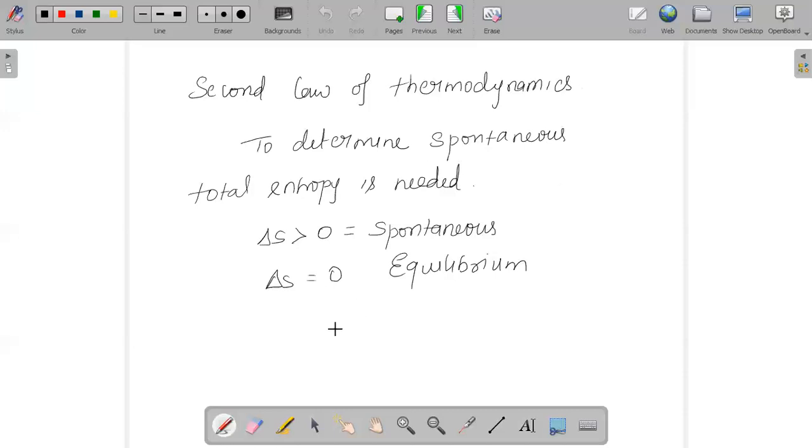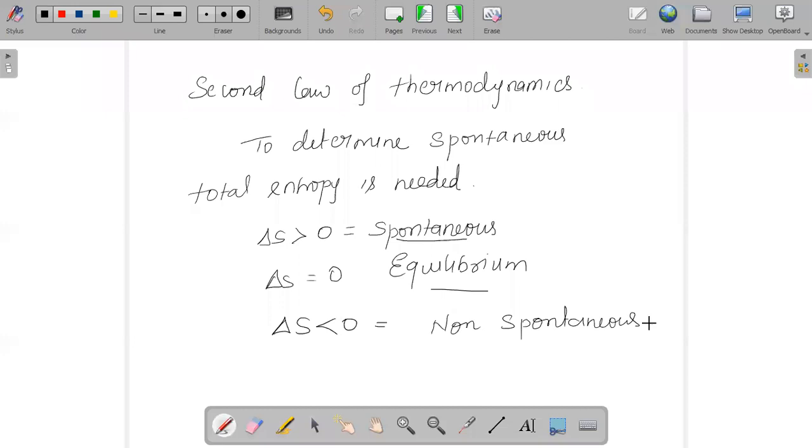So we should always have in mind: if delta S is greater than 0, it is a spontaneous reaction. If delta S is equal to 0, the reaction is at equilibrium. And if delta S is less than 0, the reaction is non-spontaneous. So this condition is an important factor.